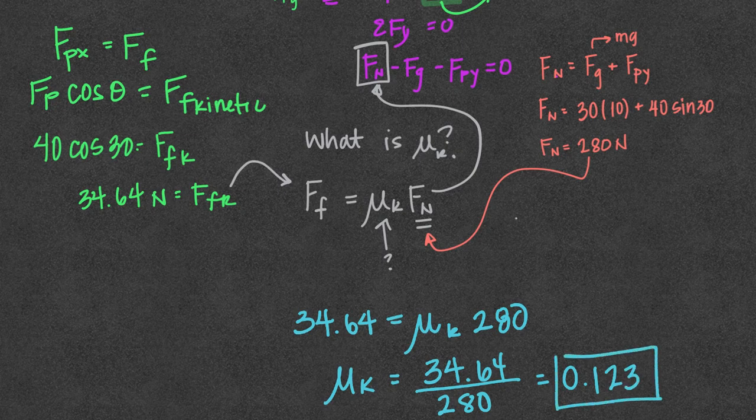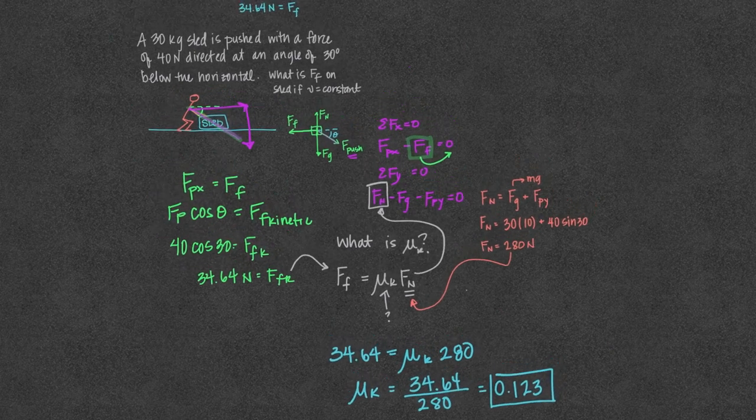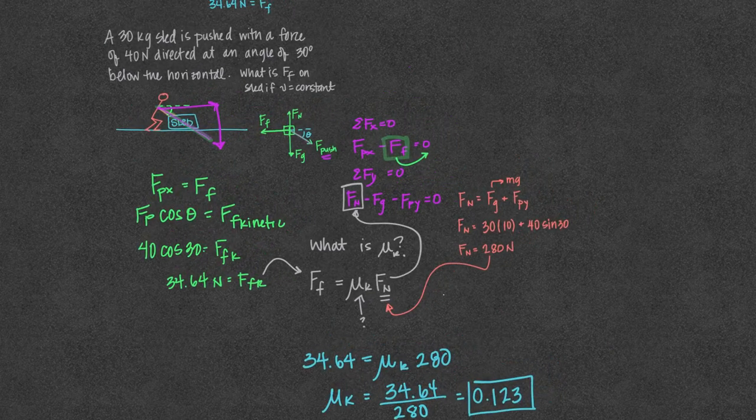And remember, the coefficient of friction does not have a unit. And so now I know what the coefficient of friction is between this sled and the ground as it's pushed with this force of 40 newtons at an angle of 30 degrees below the horizontal.